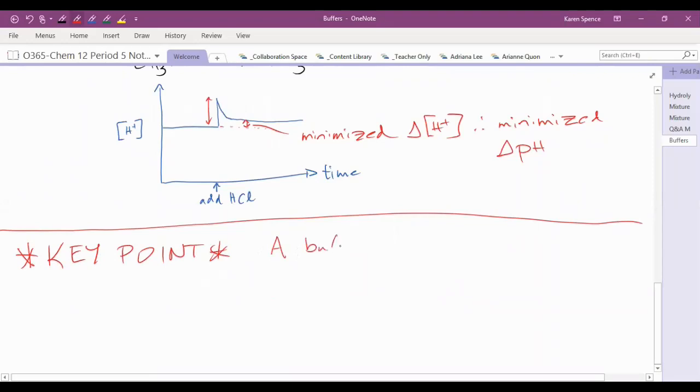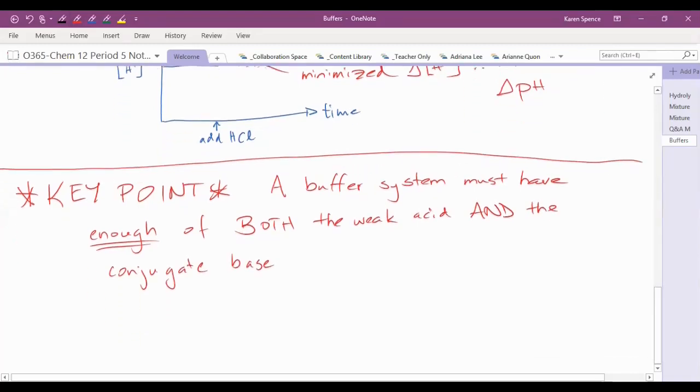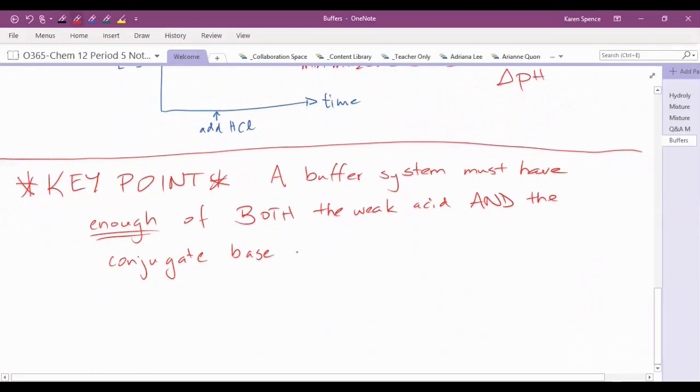A buffer system must have enough of both the weak acid and the conjugate base that you don't run out of one of them while the system is trying to shift.